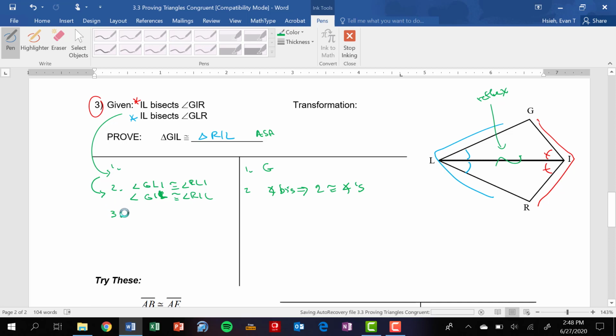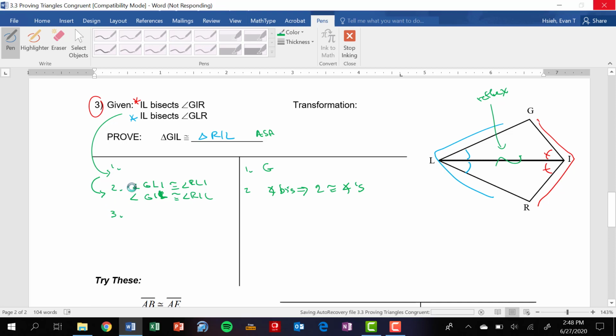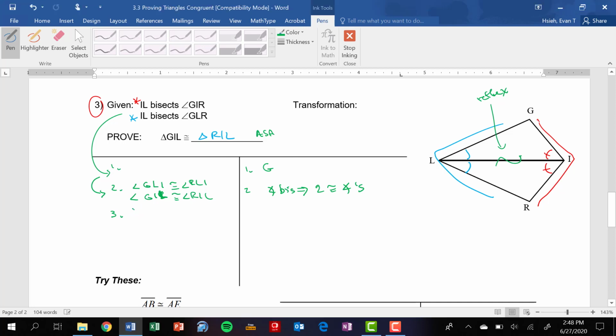Step 3 here, I know I got the reflexive property, so I know that IL is just congruent to itself. So IL is congruent to IL by the reflexive property.